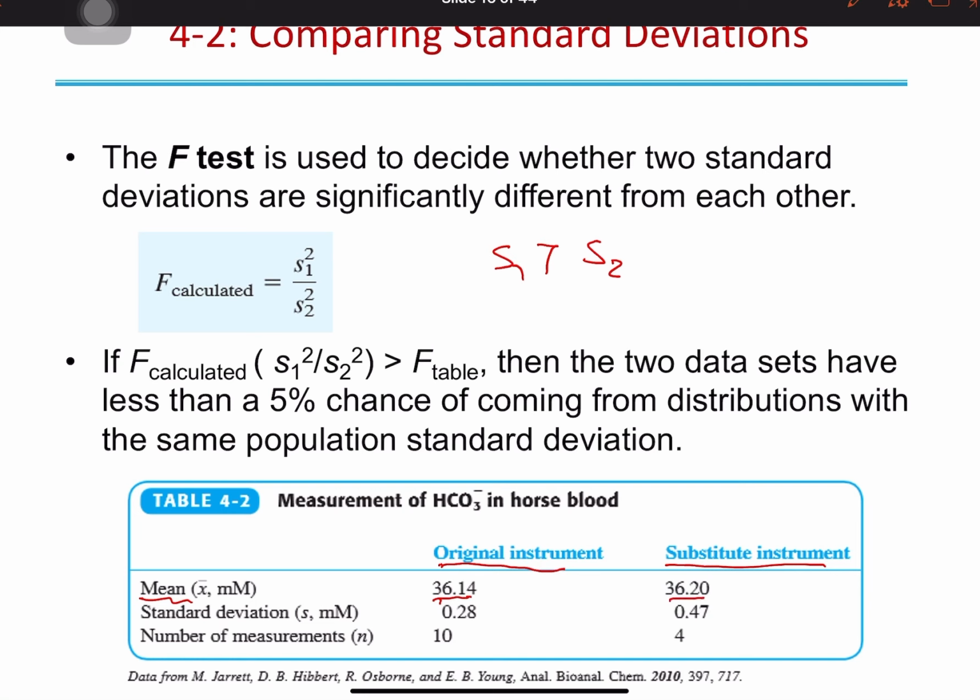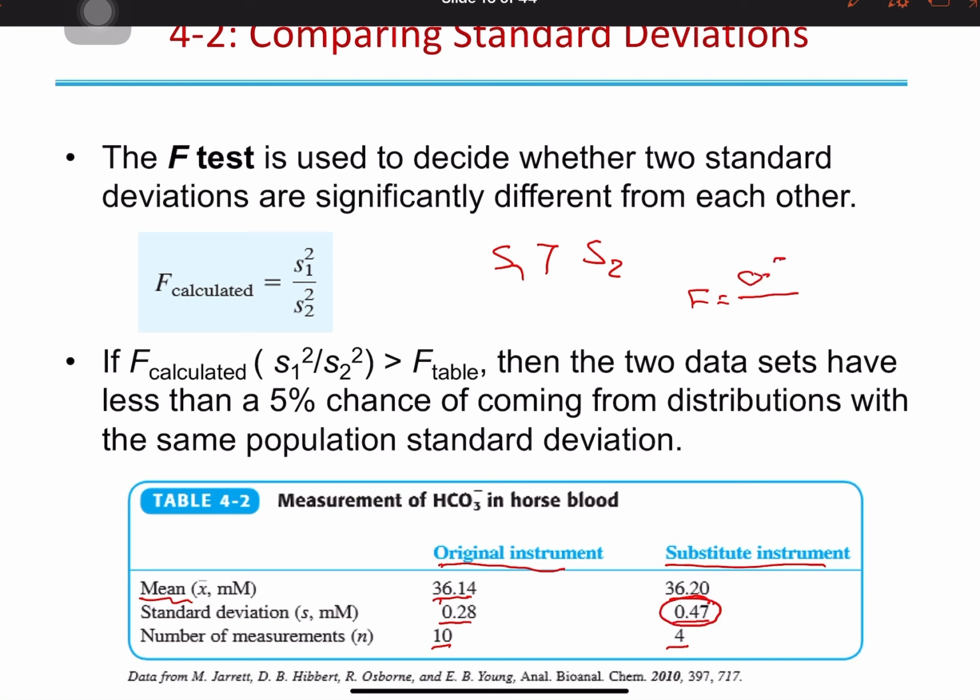The standard deviation for the first one is 0.28 and the second is 0.47. The number of measurements for the first one is 10, and for the second one is 4. In order to calculate the F in this experiment, F would equal S1 squared divided by S2 squared. So S1 here is going to be the substitute instrument, because this is the higher value.